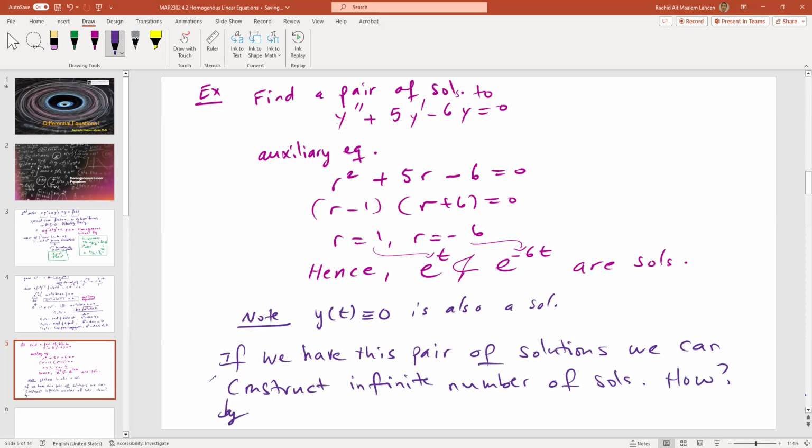What do you think? You've seen linear combinations, and if you've done vectors, you know what linear combinations are. So how? Of course, by forming linear combinations.